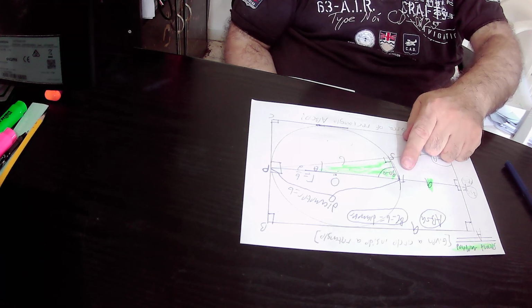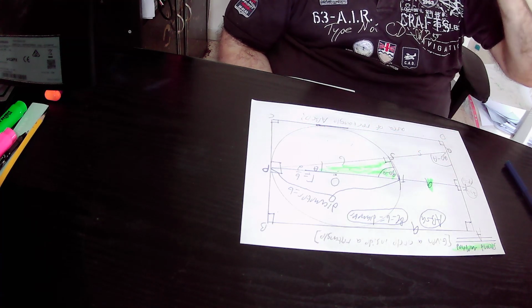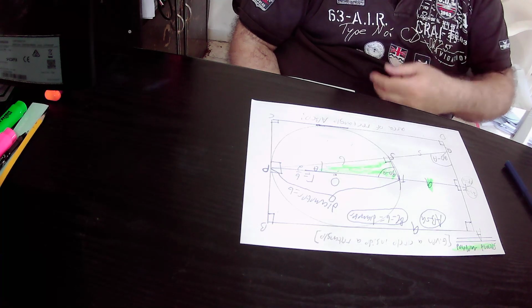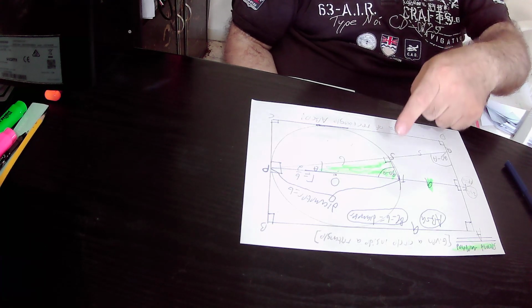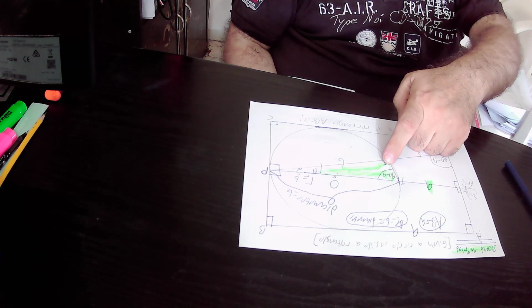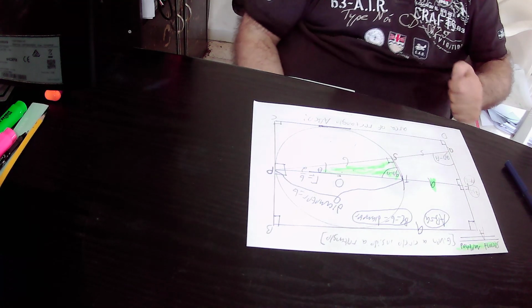In this way we created peripheral angle TSP that rests on TP, the diameter of the circle. And any peripheral angle that rests on the diameter must be equal to 90 degrees, therefore according to rule number 5, peripheral angle TSP must be equal to 90 degrees.